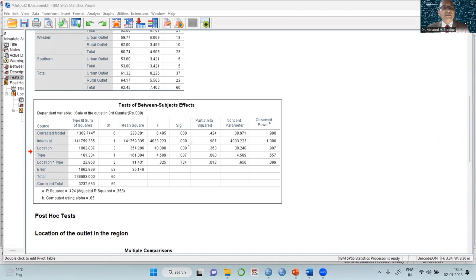First, we should examine the impact of the location. As you see, the location has a p-value less than 0.05, so it is significant. In the same way, type also has a p-value of 0.037, which is also significant. But the interaction effect is insignificant, so the interaction effect is not making any contribution.